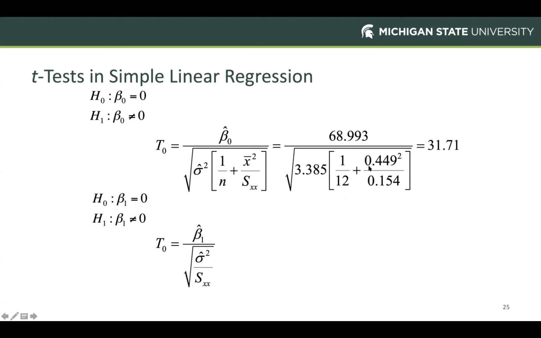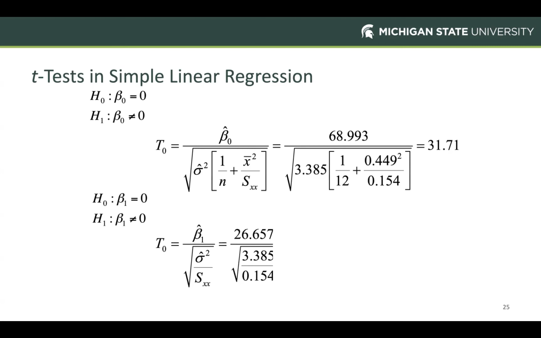And so our test statistic is 31.71. The degrees of freedom with any of these tests are N minus P, which in our case is a sample size of 12 and 2 parameters. So we'd look at our critical t statistic with 10 degrees of freedom. Obviously, a statistic this large is going to lead us to reject that null hypothesis regardless of what the sample size is.